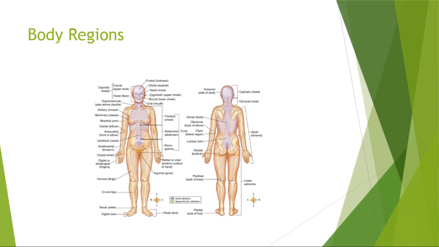Very good diagram here of the body regions. You can look and tell we have the frontal, the orbital, nasal, zygomatic, which is the upper cheek, buccal, which is going to be the lower cheek, and oral, which is the mouth. That's all in the cephalic or the head, and the cranial, upper skull, and the facial.